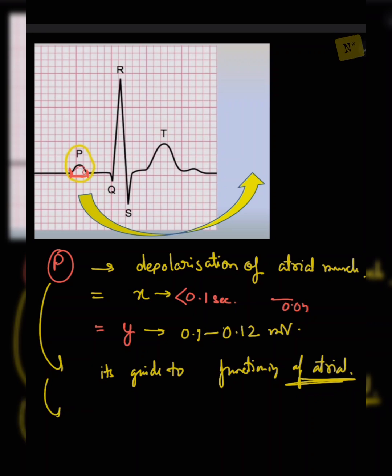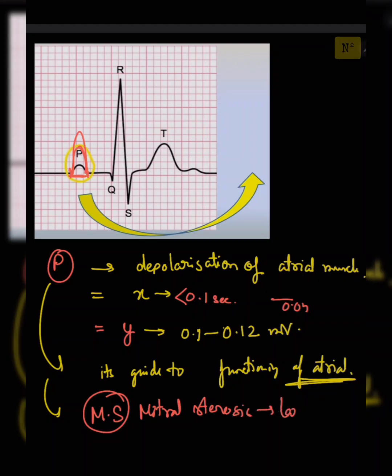Sometimes you will get a tall P wave, comparatively taller, traveling more than two small squares. You get this morphology in mitral stenosis, where we get a large and prolonged P wave.